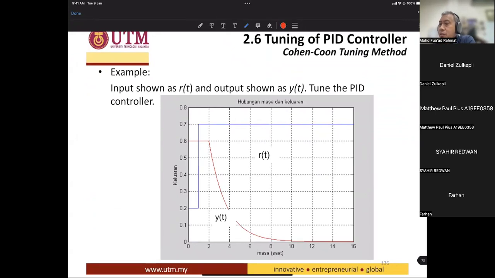Example. The input is shown as R of T, the blue one, and Y of T is the red one. Tune the PID controller.